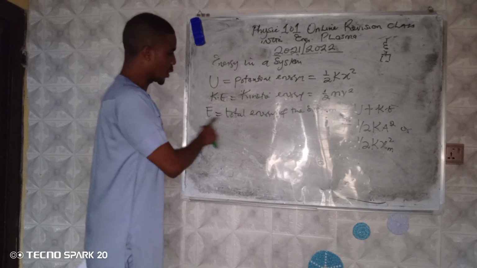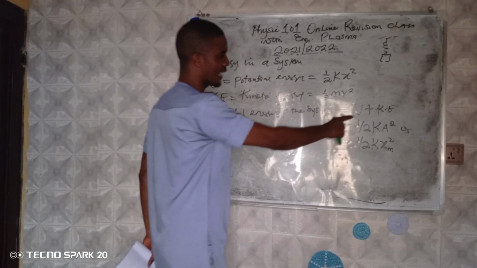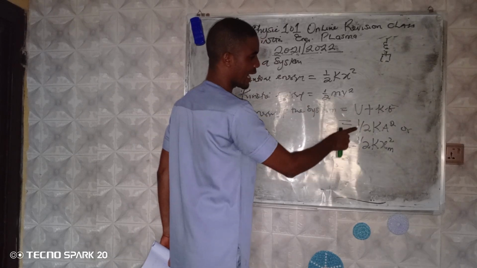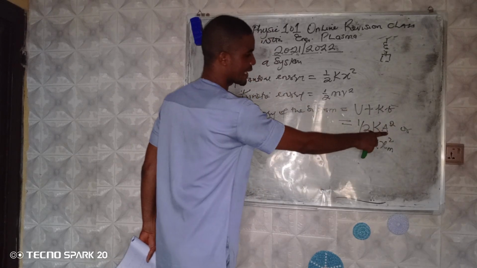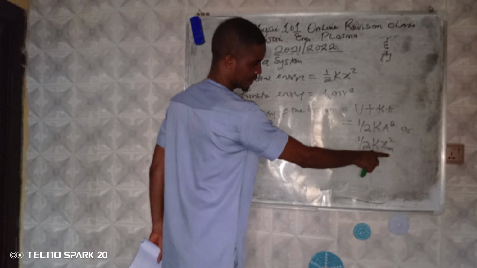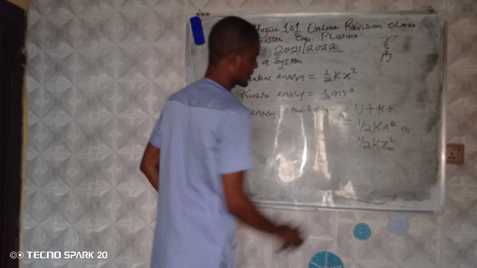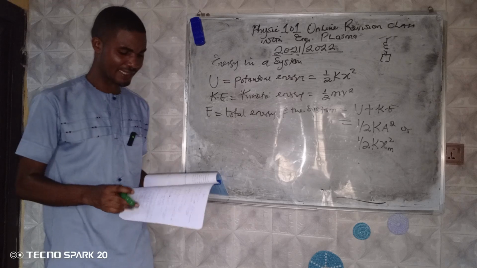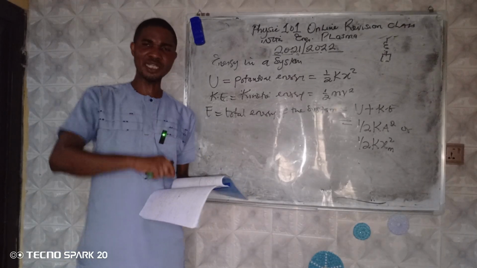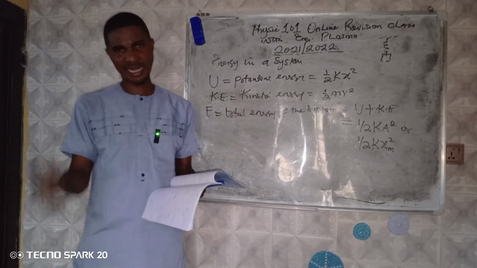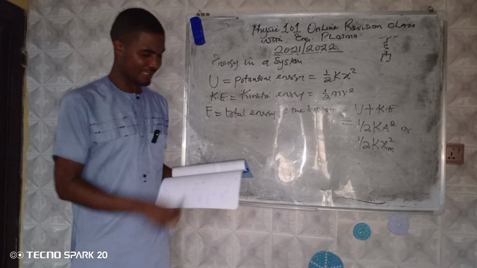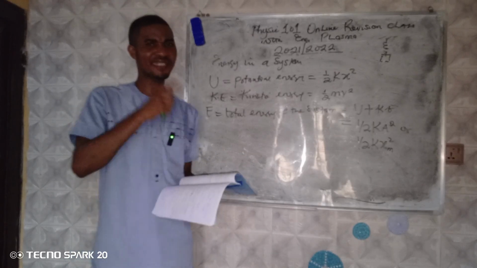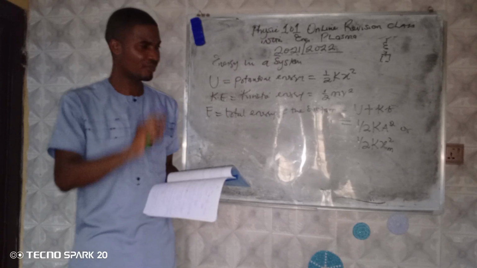Therefore, E, the total energy in the system, is potential energy U plus kinetic energy, and it gives us half kA squared. This A is amplitude. Watch it again, whether you're using A or this. So the total energy in the system is the potential energy plus the kinetic energy, and it equals half kA squared, or half kx_m squared.